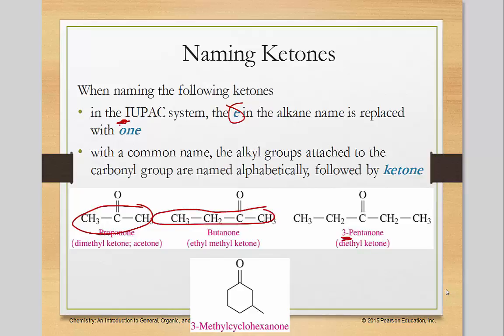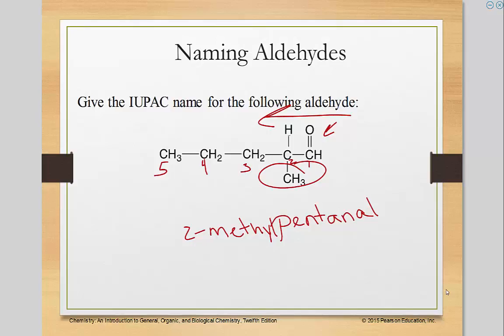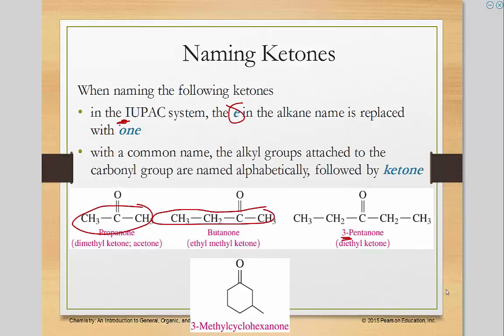You never had to tell people where that double bonded oxygen is with aldehydes, because no matter what, it's always going to be at the end. Whereas here, it's not necessarily at the end, it's in the middle somewhere. So you have to tell people where it is once you get past 4. So pentane becomes pentanone, and it's on the 3rd carbon.